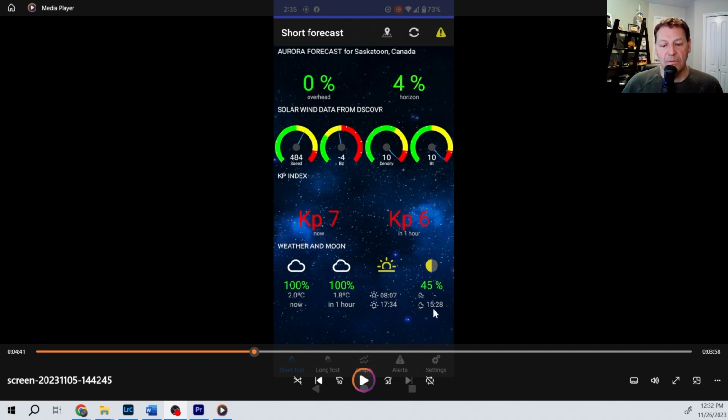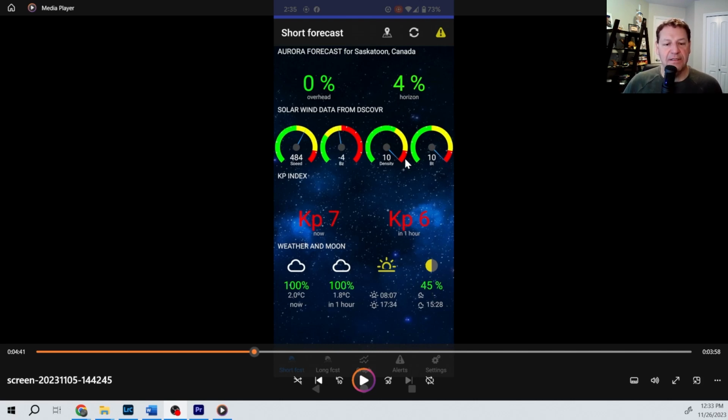It's got the moon set time at 3:28 in the afternoon, and it doesn't have a time for the moonrise, and I think that is because when I recorded this, the moon was rising just after midnight, so there wasn't actually a moonrise that day. It happened after midnight, so that could throw you off a little bit, but it's a quarter moon, so the moon is up about half of the night, which is pretty typical.